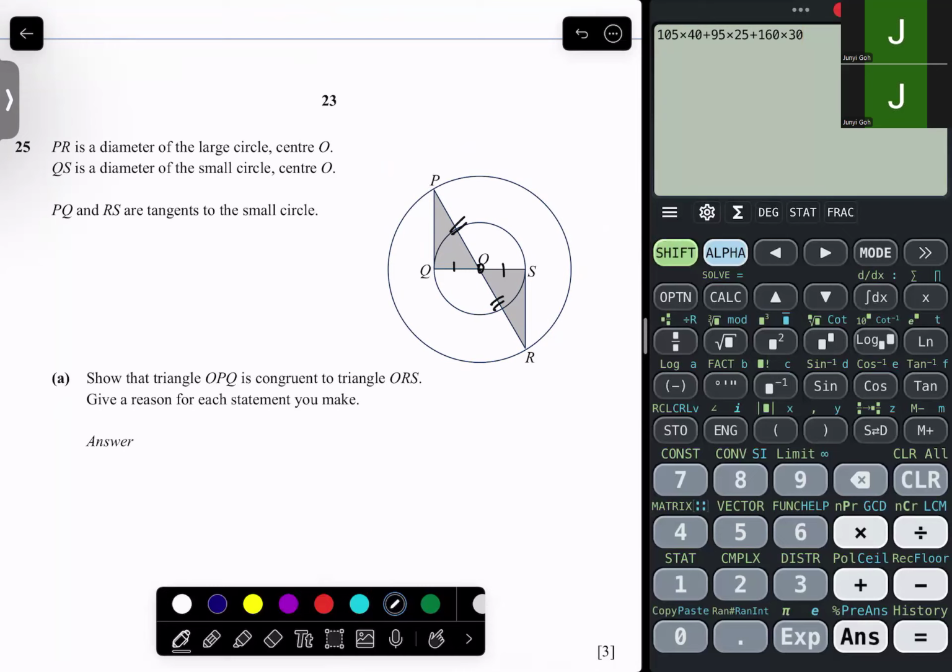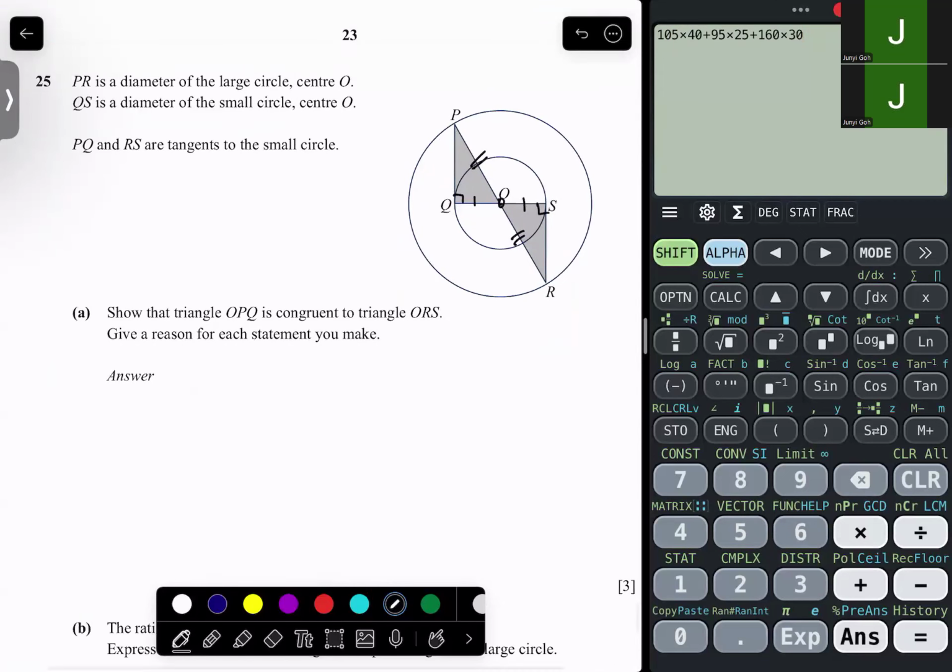So tangent touch radius, this must be 90 degrees. Show that triangle OPQ is congruent to triangle ORS. It's very straightforward, right? Because we have two lengths and an angle in between, and we managed to prove the hypotenuse and the right angle. So therefore, this will be congruent by RHS.